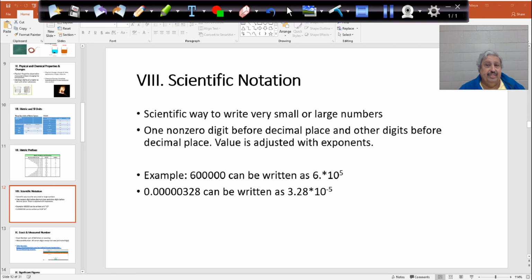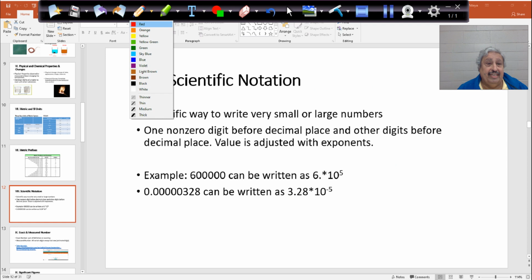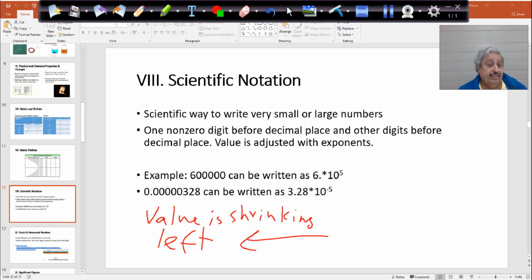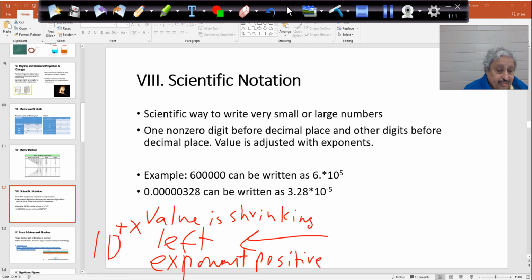Scientific notation we are not going through here. As I said in math, remember what I told you, if you need any help, I'll show you. This is straightforward, but I can show you. If you go to the left, you are shrinking the value, correct? And the exponent is positive, so 10 to plus whatever the exponent is.